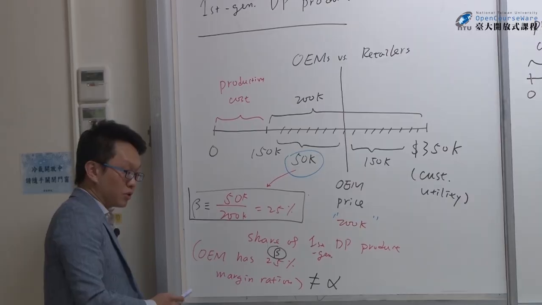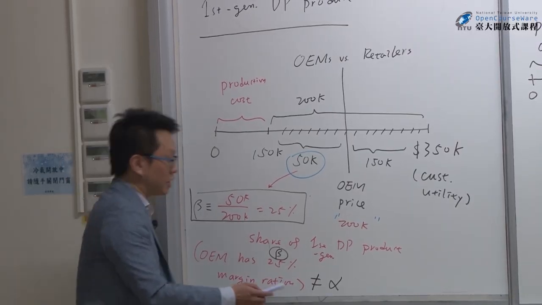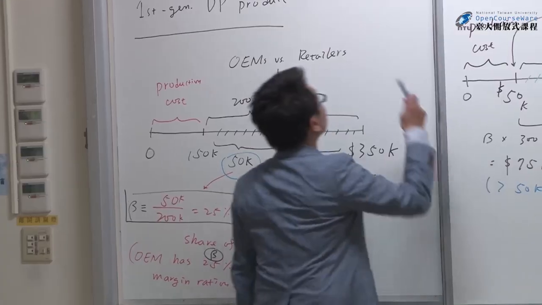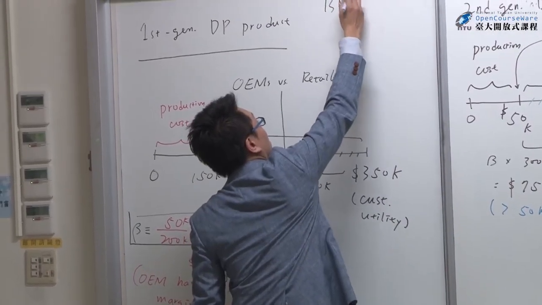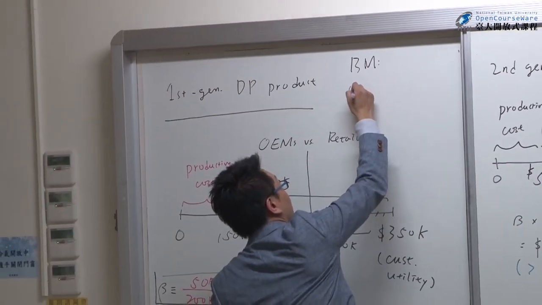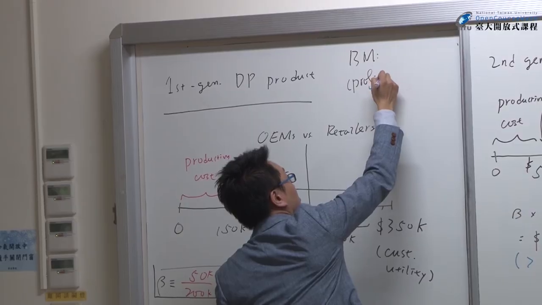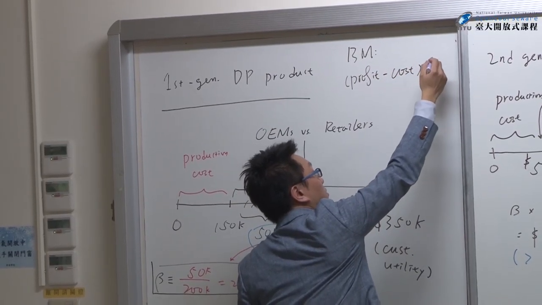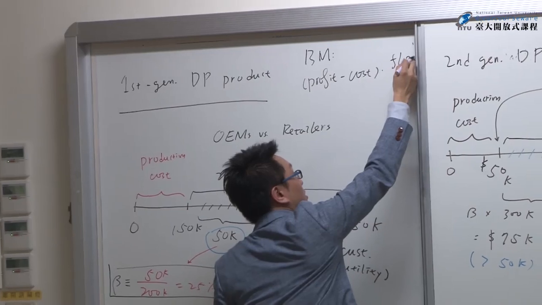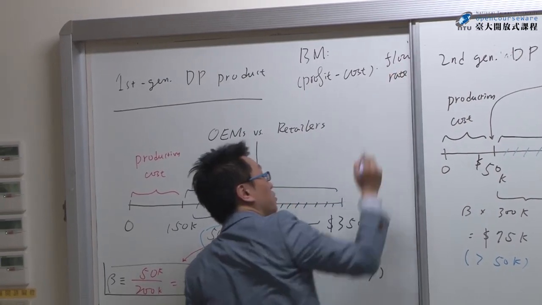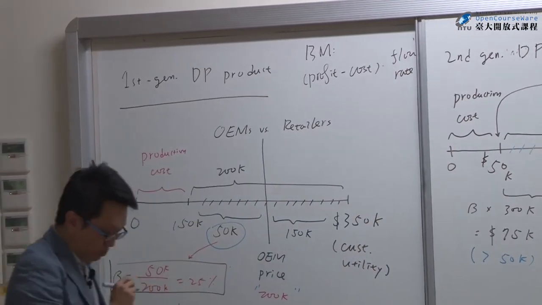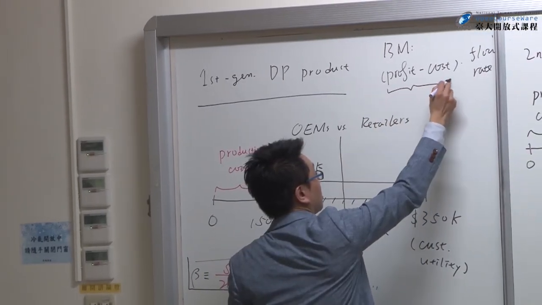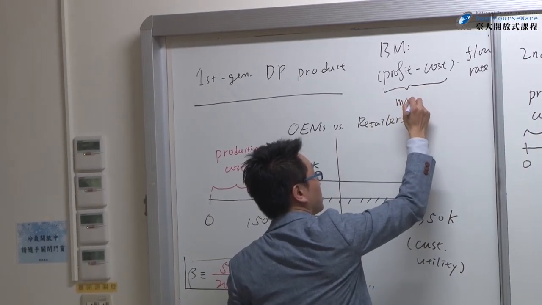How do we know margin? Do you remember in any business model, we use profit minus cost times the flow rate to know the operating profitability in each business model. And usually in economics or finance, we call this margin.